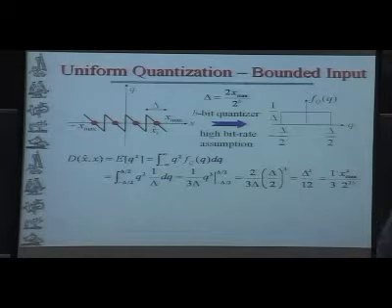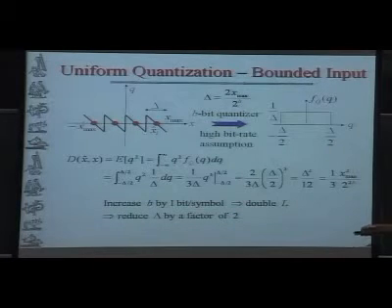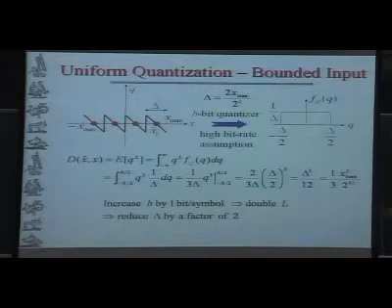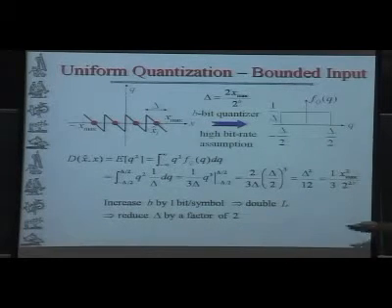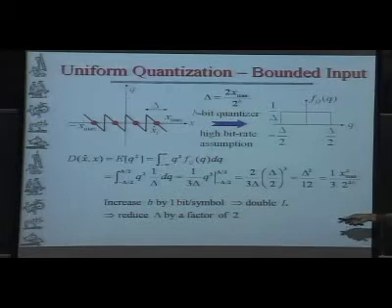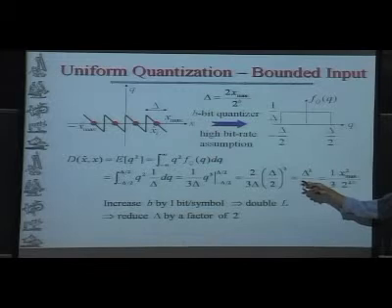Now, this is 1/3 of x squared max times 2 to the minus 2b, and then the observation is this. If I increase b, which is how many bits I allow you to use for your quantization, by 1 bit, I double the amount of intervals, right?